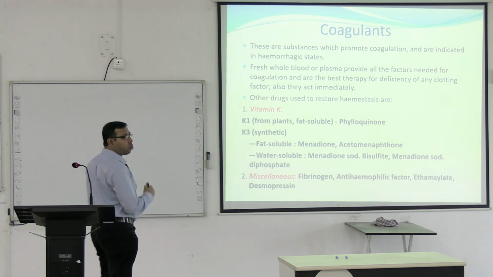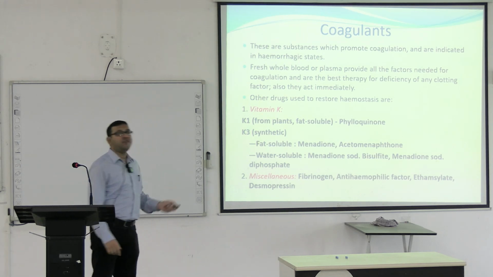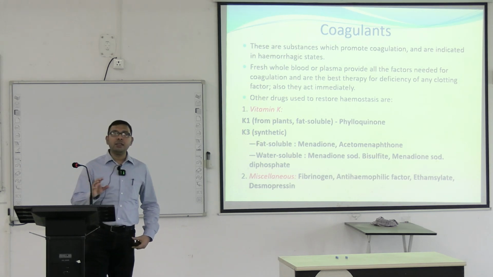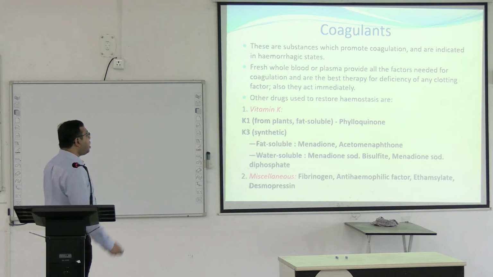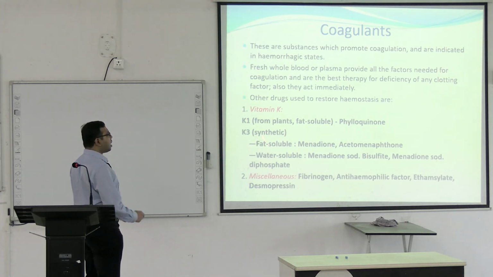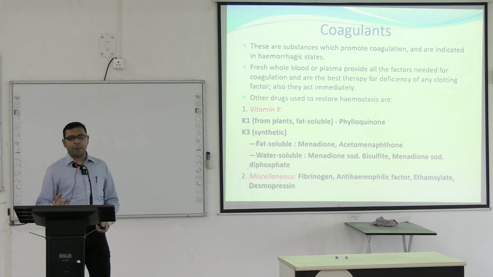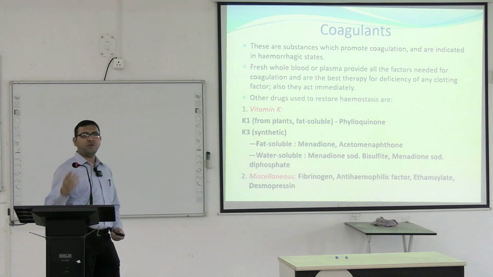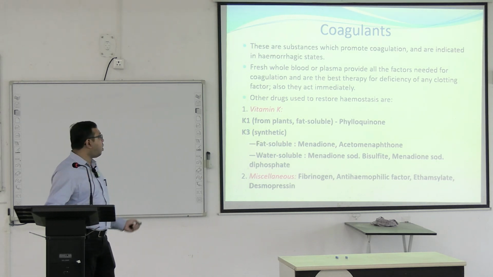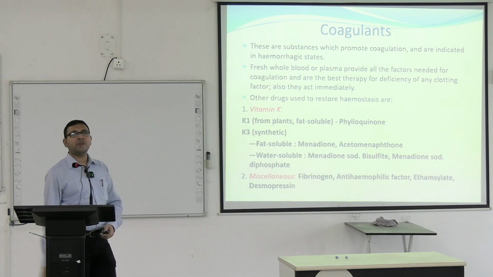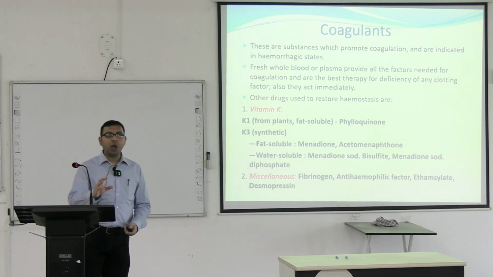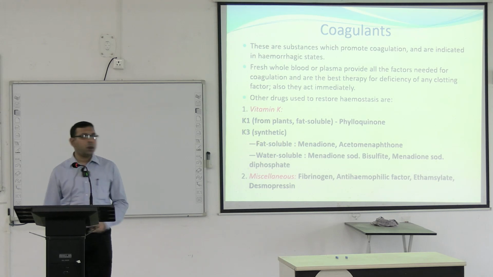Among other drugs used as coagulants, the most common is vitamin K. Vitamin K is the most important coagulant that is needed in our body. Usually 3 forms are available, K1, K2 and K3. K2 is not manufactured or not available now. K1 is available from the plants. This is fat soluble, also known as phylloquinone.